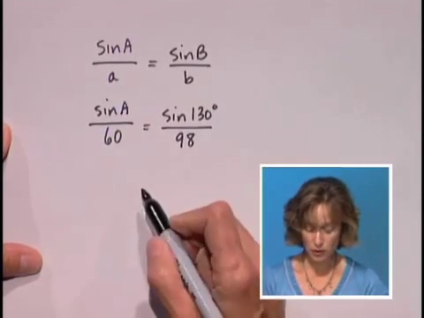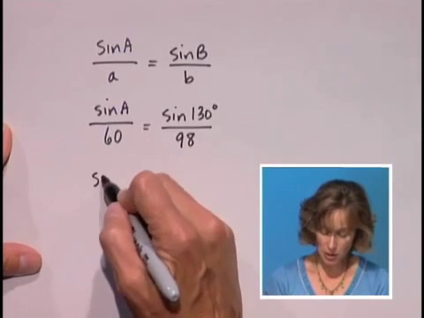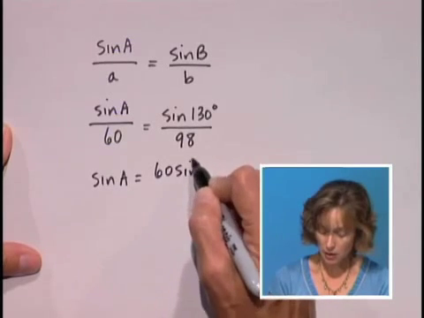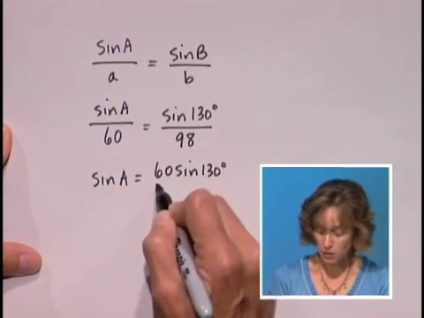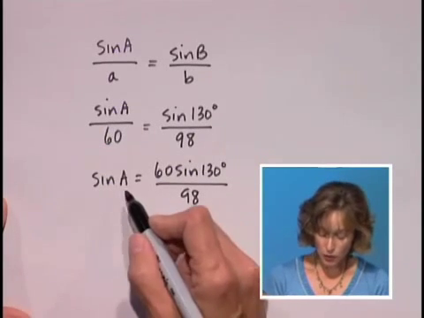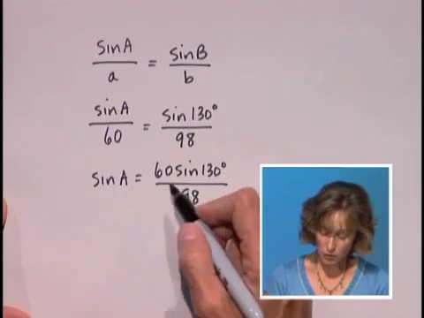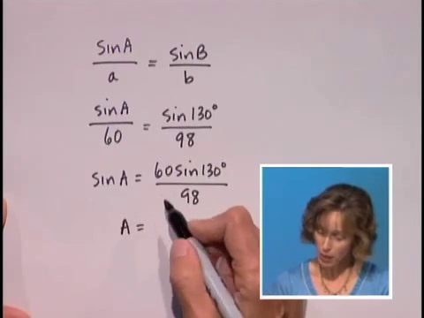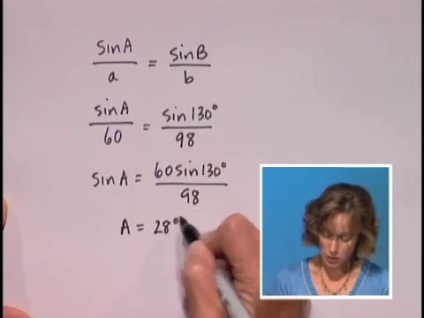We just found that. I'll multiply by 60. Sine angle A is 60 sine 130 degrees divided by 98. And I'll solve for angle A by doing the inverse sine of this. Angle A in the triangle comes out to about 28 degrees.